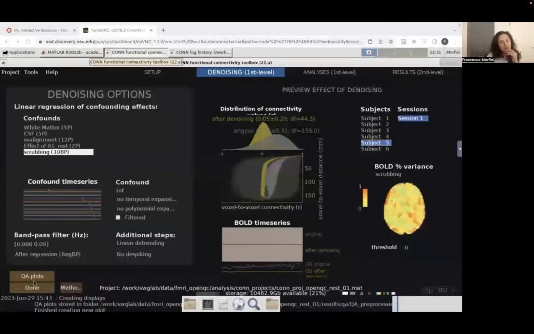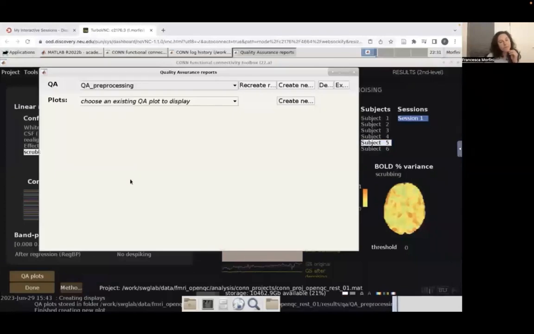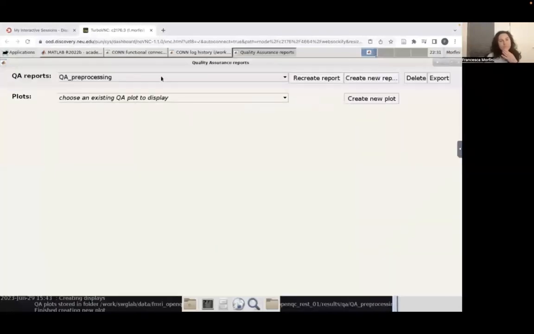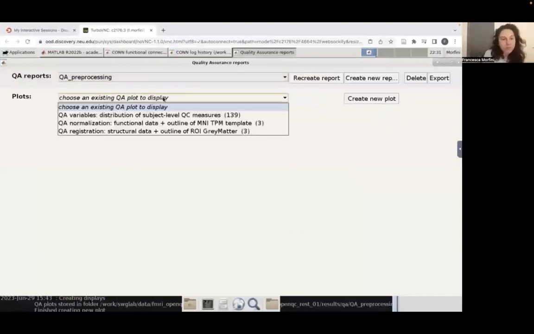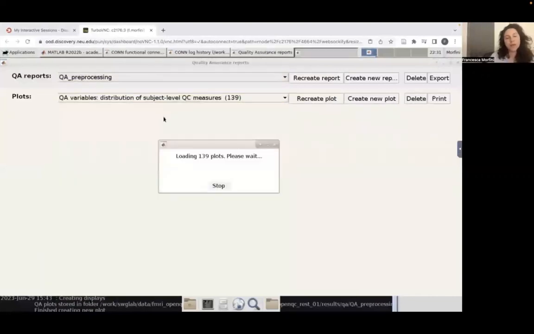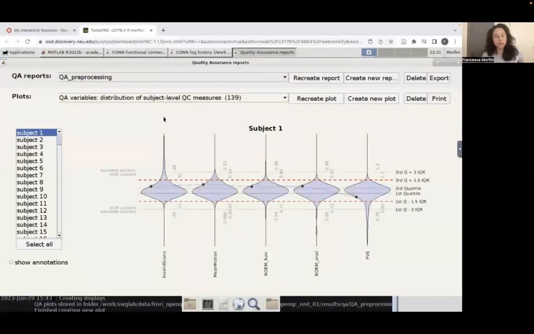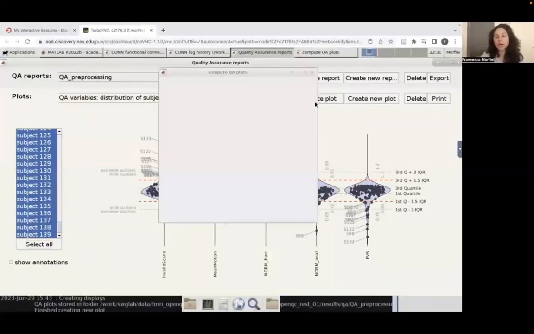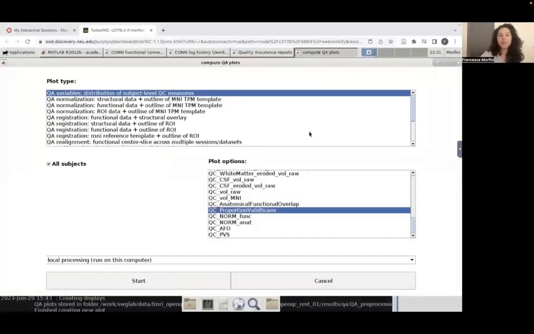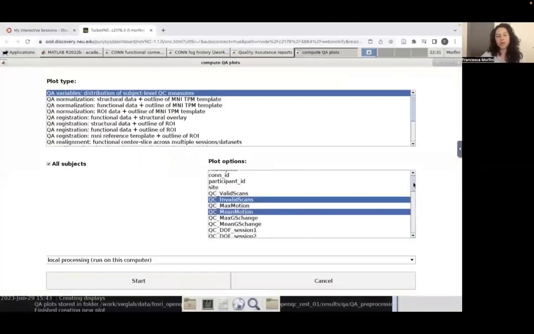So how this looks in CONN is the following. Again, if we look at the quality control distributions, and I'm looking at the full data set here, for a subset of QC metrics that I had pre-selected, but generally speaking, this could be very flexible to include other ones.